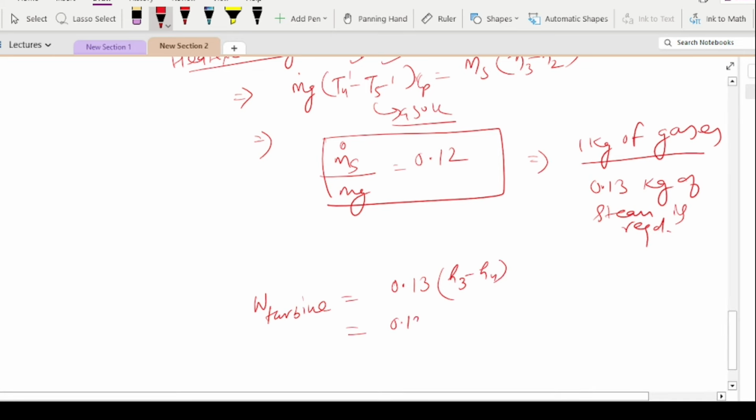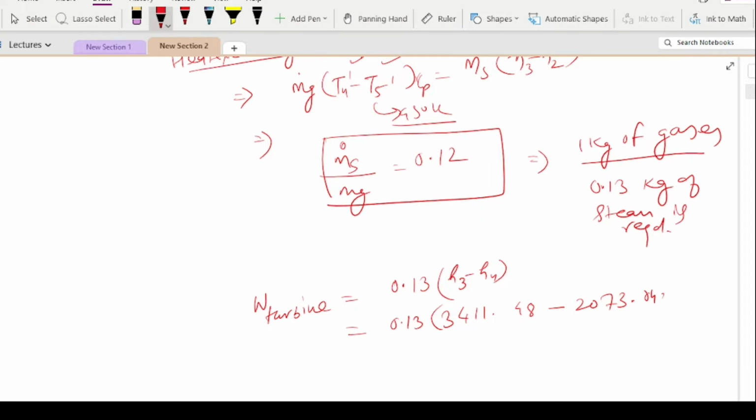Therefore, 0.13, h3 value we have obtained from the steam table, 3411.48 minus 2073.048. This can be calculated as 173.89 kilojoule per kg of exhaust gases.